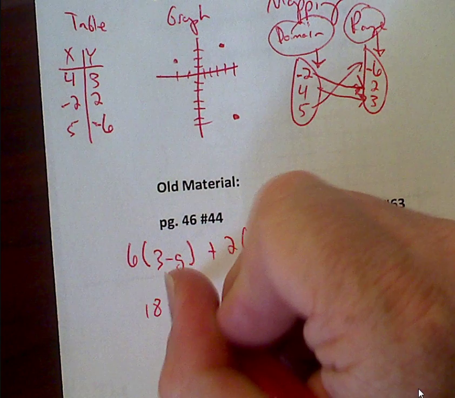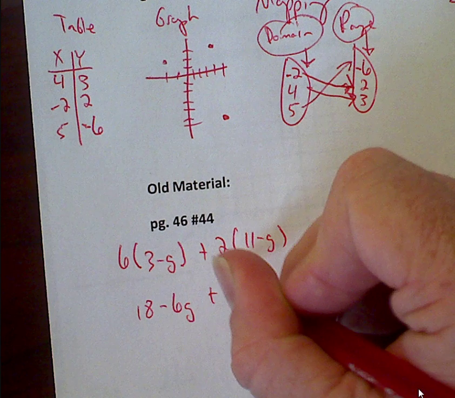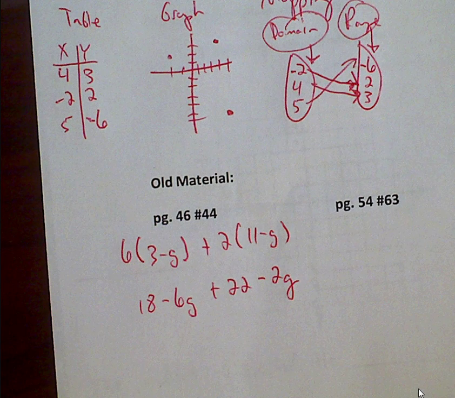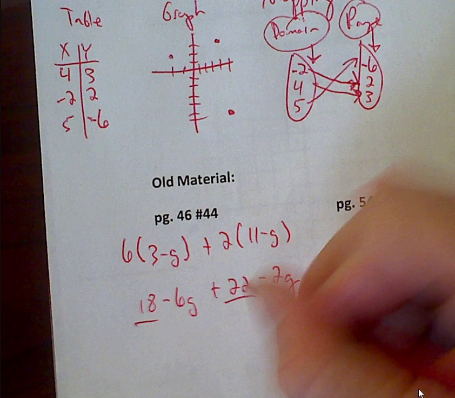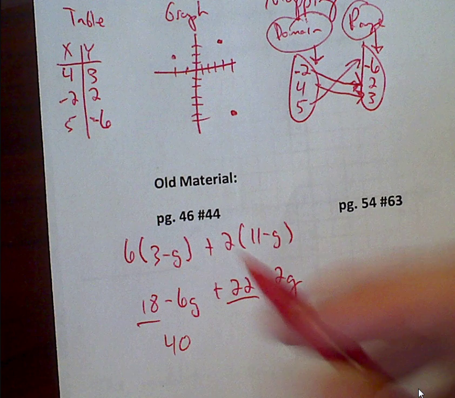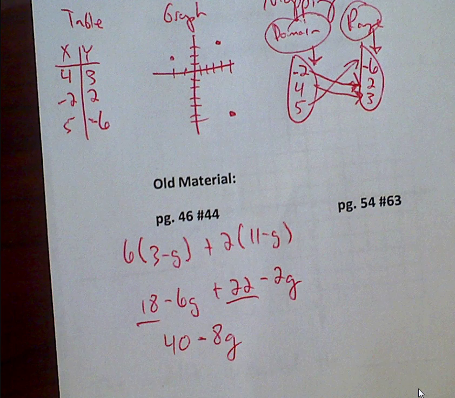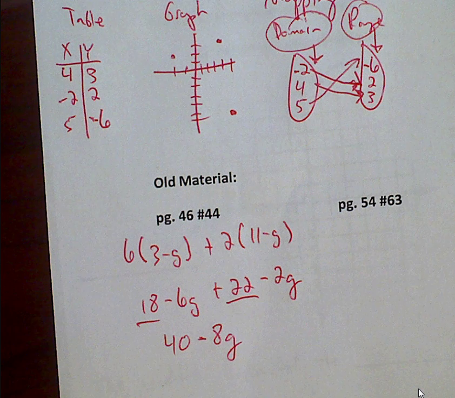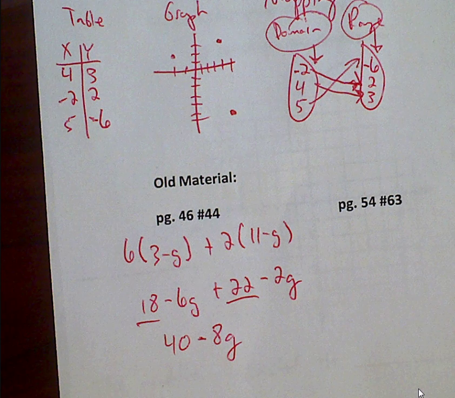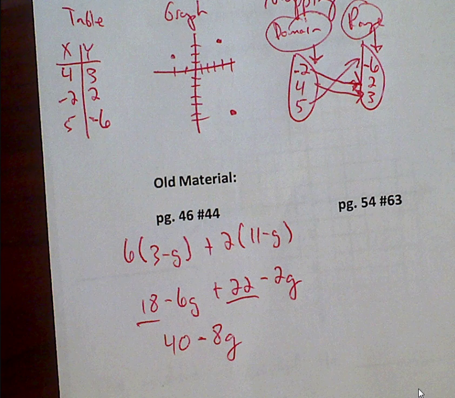That would be 18 minus 6g, plus 22 minus 2g. If I combine like terms, 18 plus 22 becomes 40. -6g and -2g becomes -8g. So 40 minus 8g.